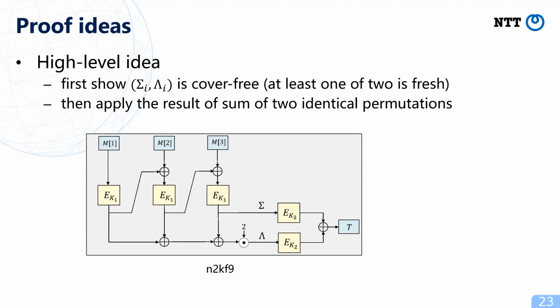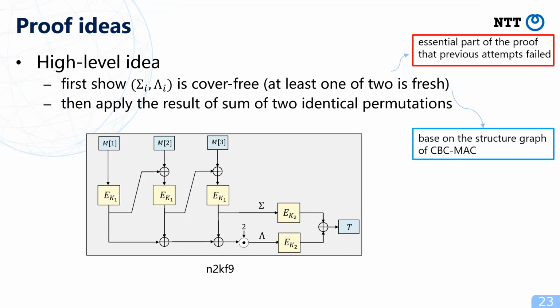So we say we want at least one of the sigma or the lambda to be cover free, so they don't collide with anything else. This is the part that was hard, and then the finishing, when you prove it's cover free, is really the same as other proofs. It works well, and no issue so far in any proof on that part.